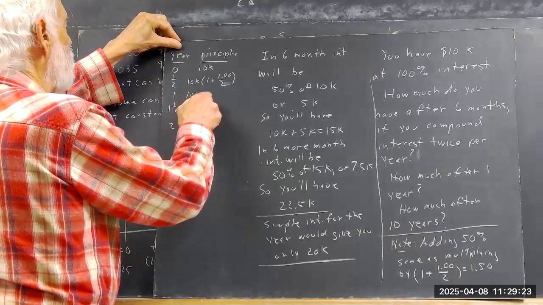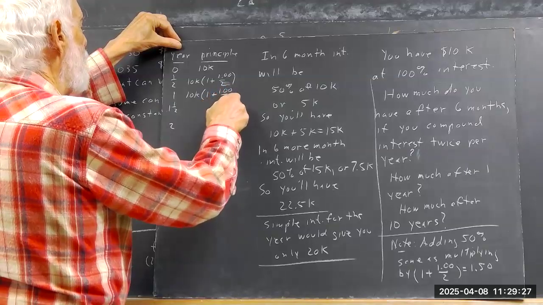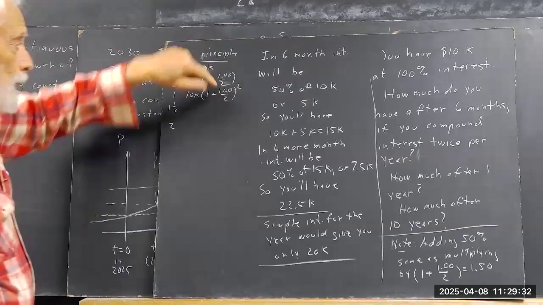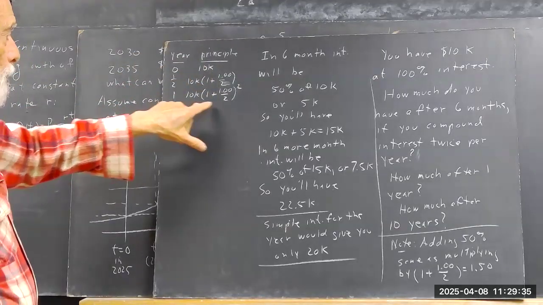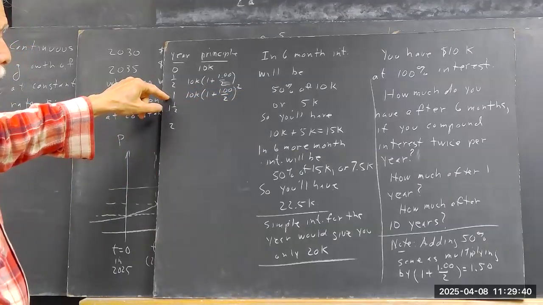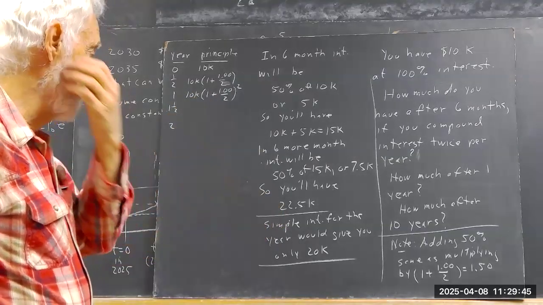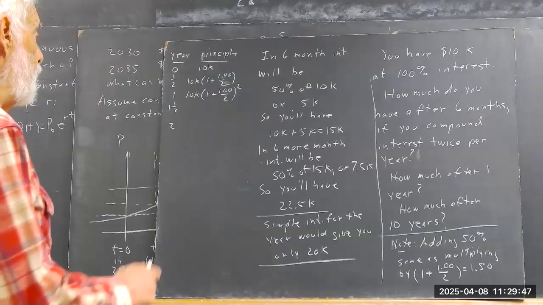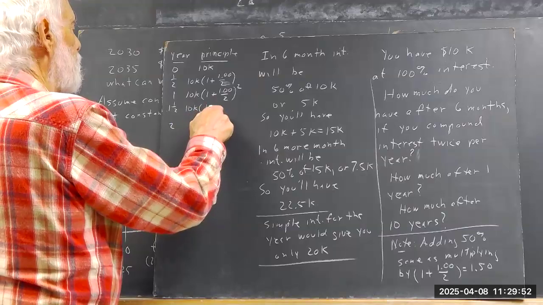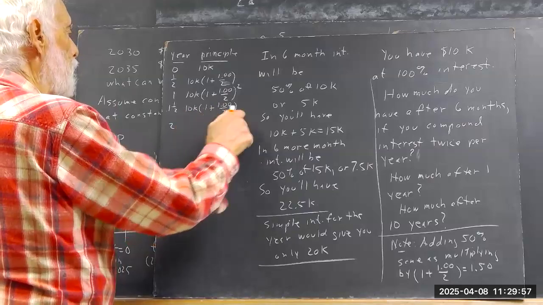The next one. You multiply this by 1 plus 1.00 over 2 again, so you're multiplying by 1 plus 1.00 over 2 squared to get this amount. And if you do that, you're going to find that you end up with your 22.5K. Then 10K times 1 plus 1.00 over 2, well, you multiply by that factor again.